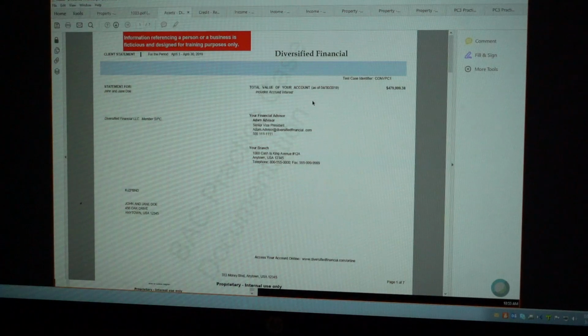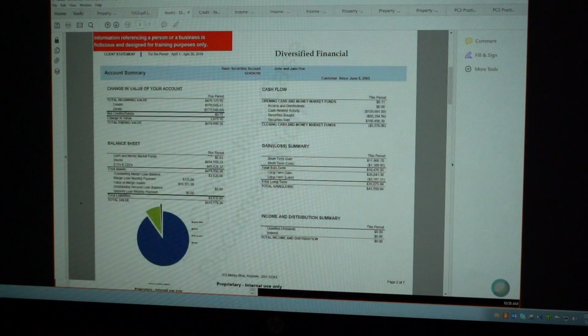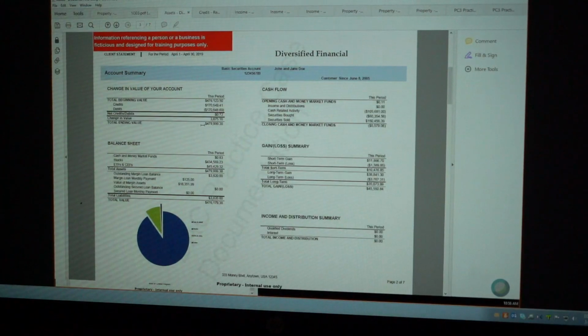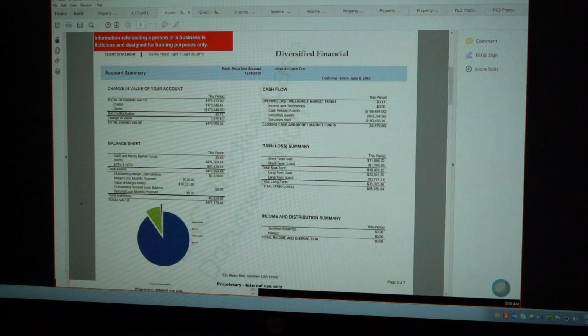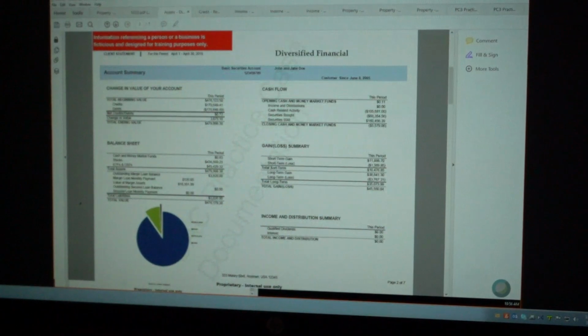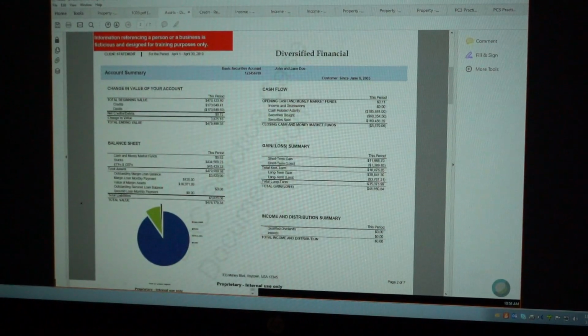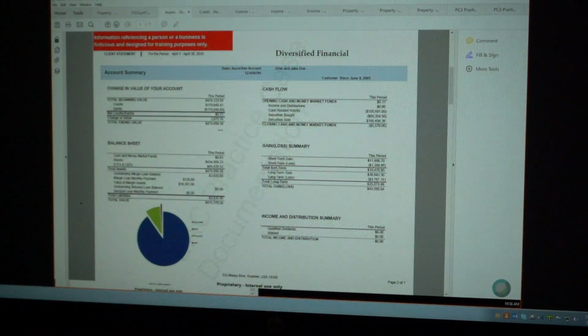You're going to take the ending balance for this account. That's what you're going to use. So the ending balance for this account is $479,999.38. Since it's an investment account, you're going to use 70% of the total ending balance.